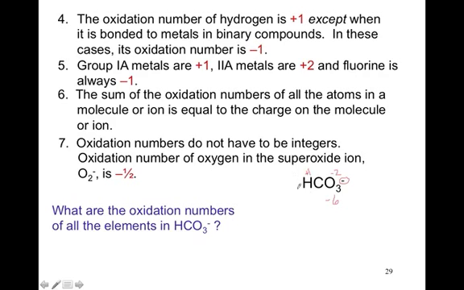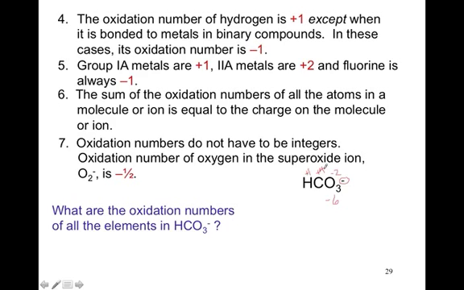Now we also said hydrogen is normally a +1. And so we have a +1 and a -6. So right now we're kind of at -5, and we want to be at -1. And so to get there, carbon must be a +4. And if you know carbon, it can make 4 bonds, 4 single bonds. So +4 is a viable option for an oxidation number for carbon.